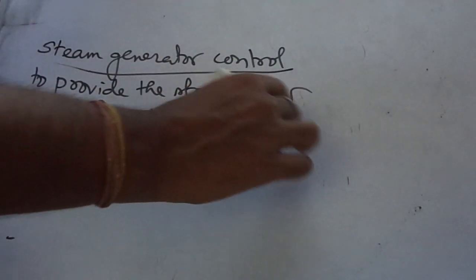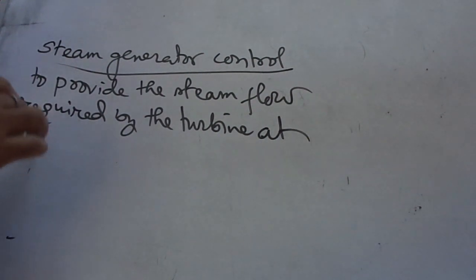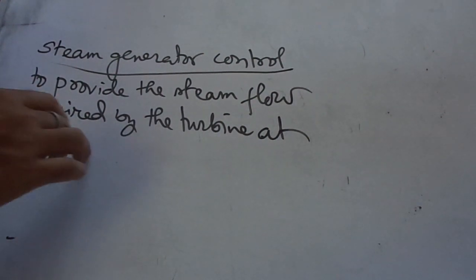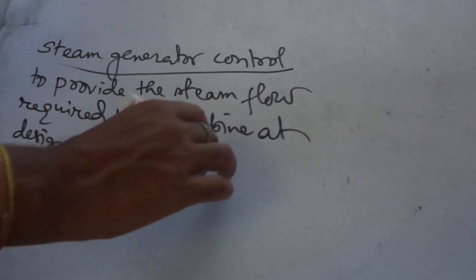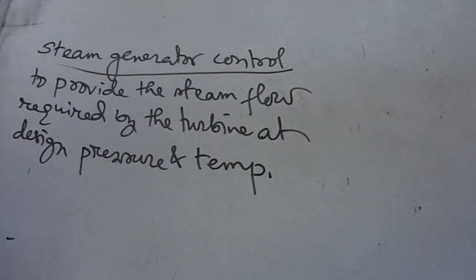The variables that are controlled are the fuel firing rate, airflow, gas flow distribution, feed water flow, and turbine valve setting.